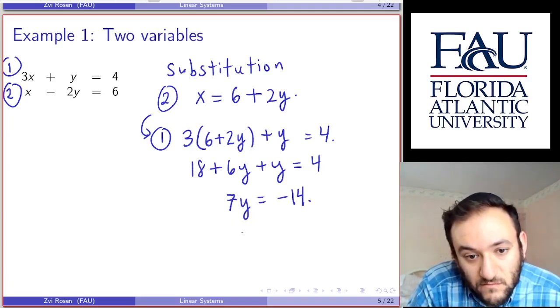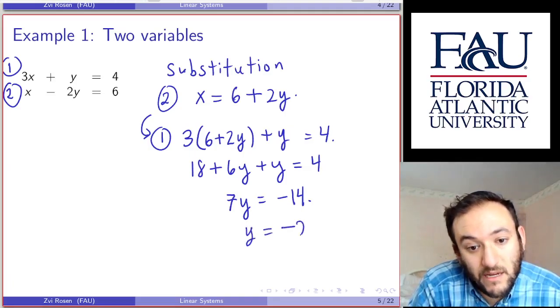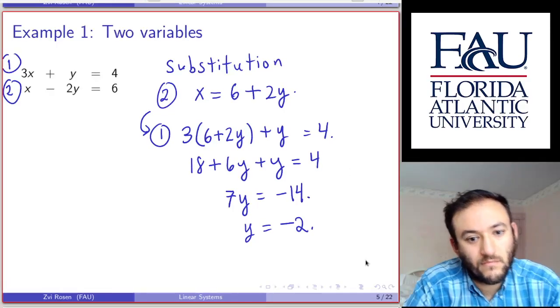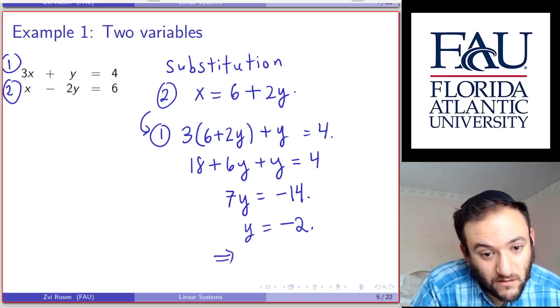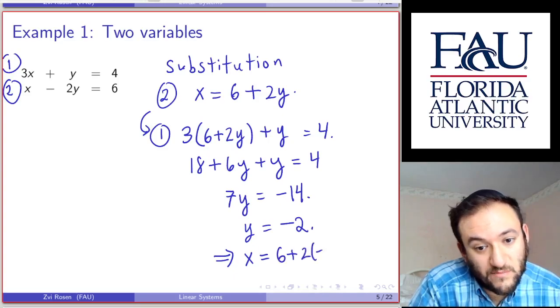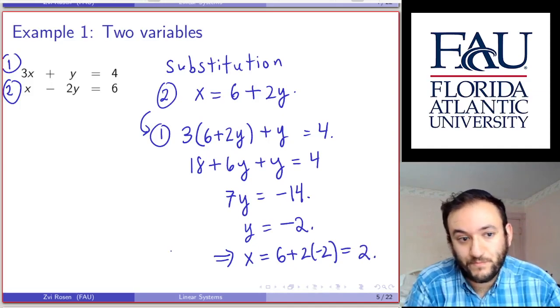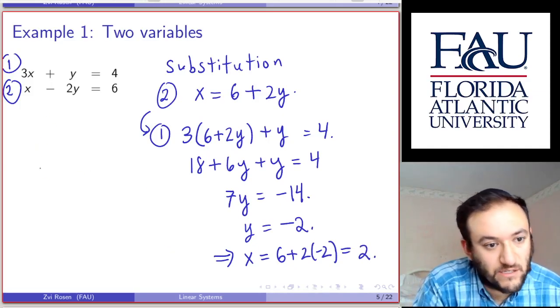Dividing both sides by 7, we obtain y equals minus 2. Plugging into the original substitution, we get x equals 6 plus 2 times minus 2, which is 6 minus 4, or positive 2.